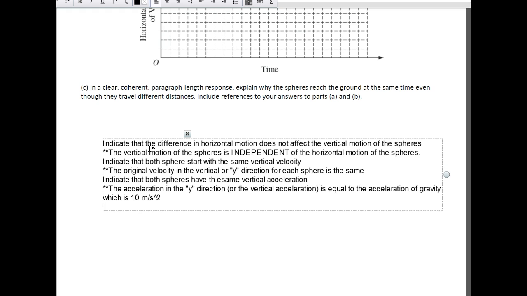Next, we need to indicate that falling the same height would take the same time.